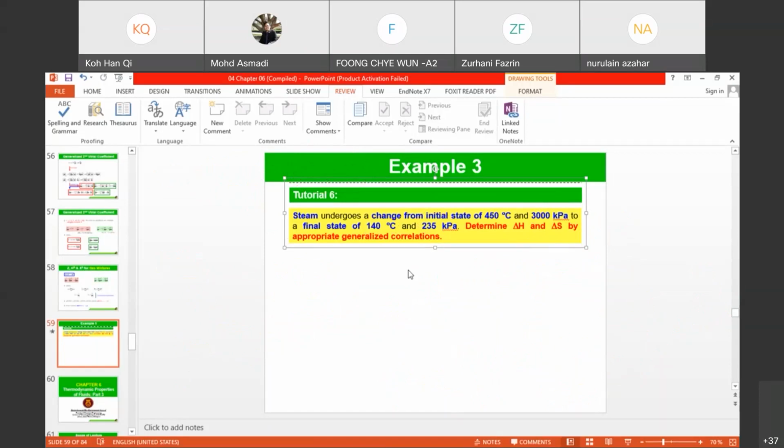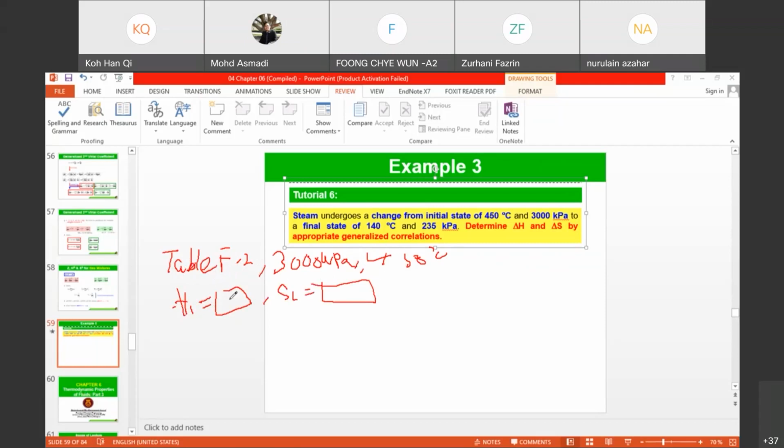From the steam tables, for example table F2, for the first condition, 30,000 kilopascal and then 450 degrees C, you can get H1 equal to how much? And S1 also, what is the value.